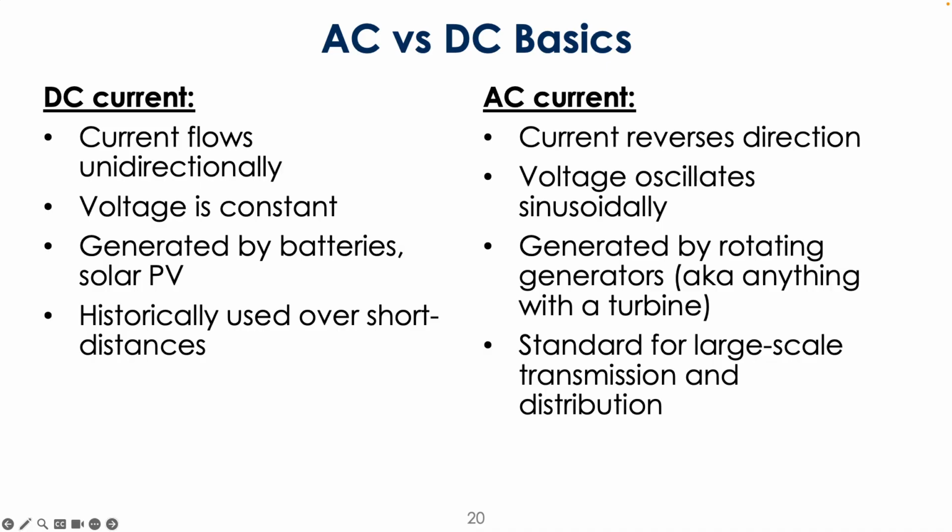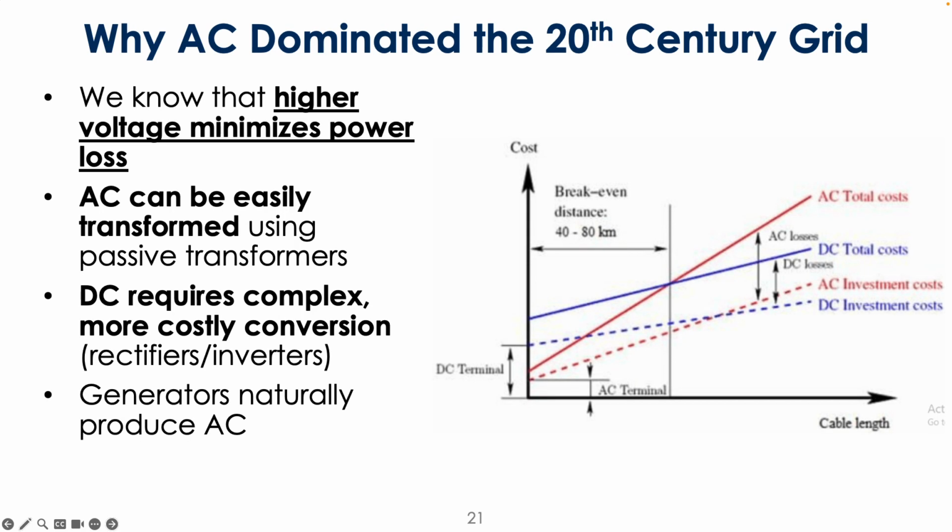So why did we end up with a system that mainly operates in AC on our electricity grid? Well, there's the whole Edison-Tesla debate about whether we should be doing AC versus DC. But I think a lot of it has to do with the fact that generation is mainly in AC.